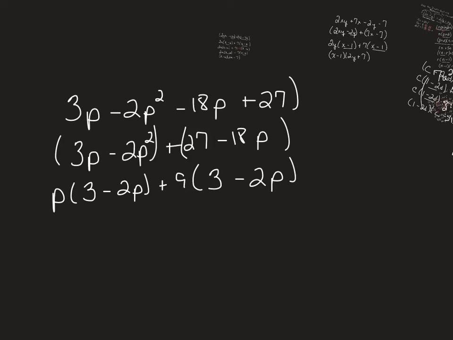Didn't have to use the additive inverse. So sometimes that is a possibility. Let me use the eraser. So we get 3 minus 2p times p plus 9.